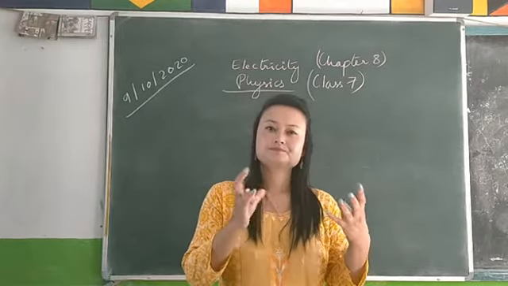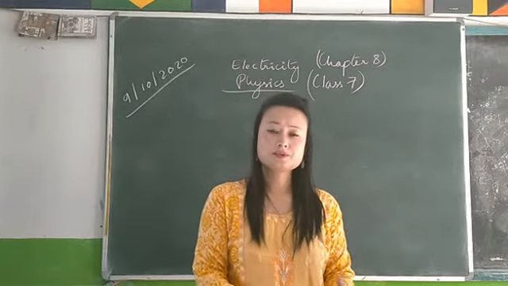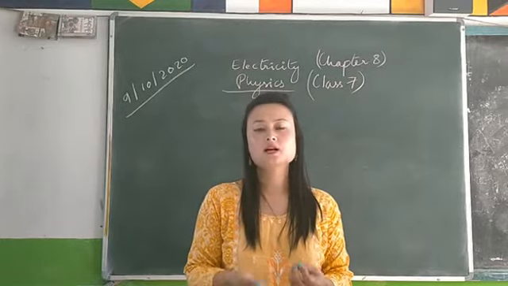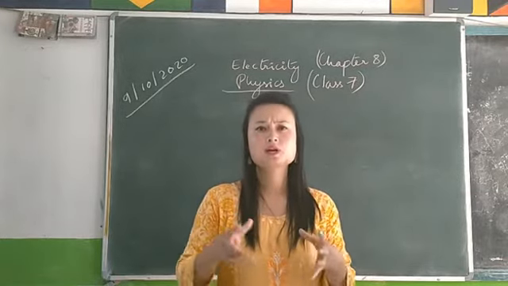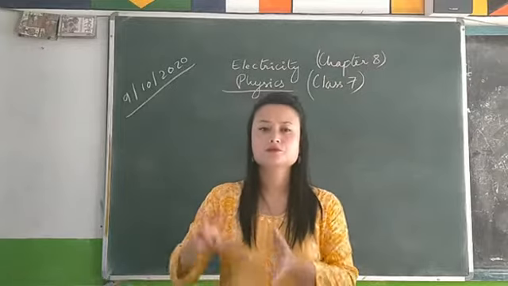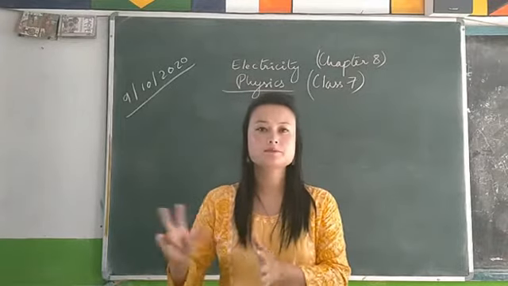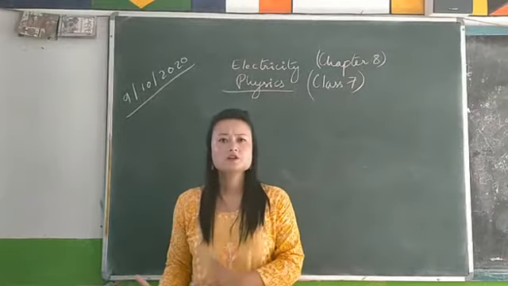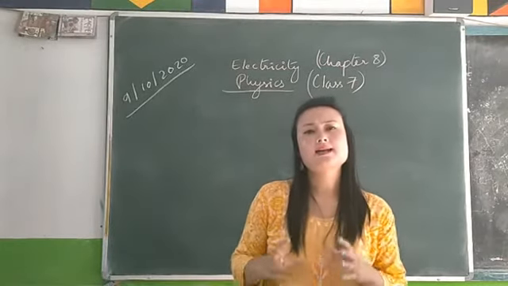But then molecules are further made up of atoms. And atoms are considered the tiniest particle which combine to form molecules, and molecules combine to form elements, and elements combine to form compounds. So first let's discuss what is an atom.